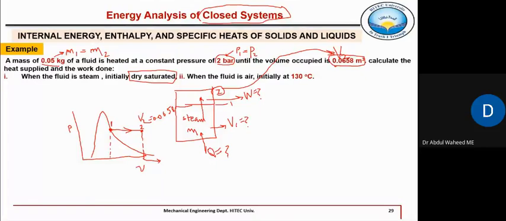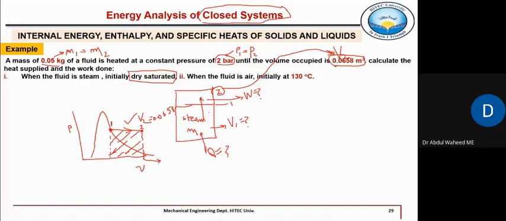Okay. So this is the process 1 to 2 on the PV diagram, and the area under this process represents work done. This is the work done. Area under this process on the PV diagram does not represent heat transfer. We have to find heat transfer. So that is the diagram for this question.